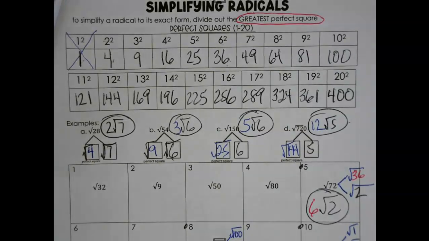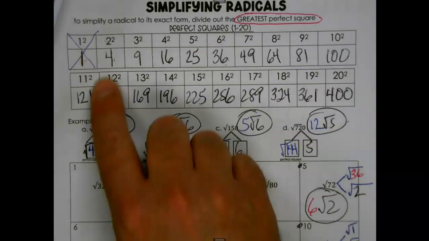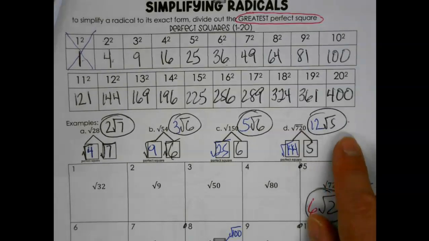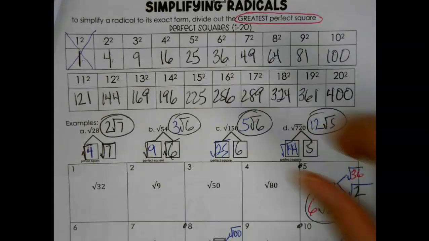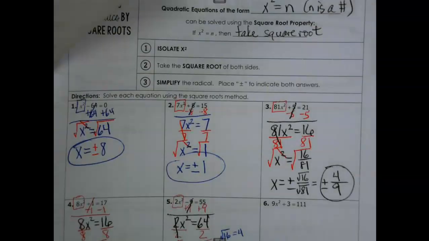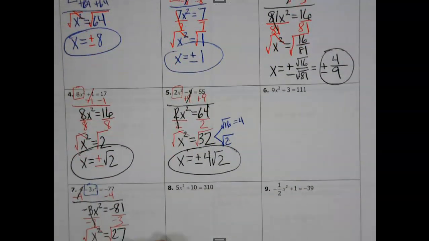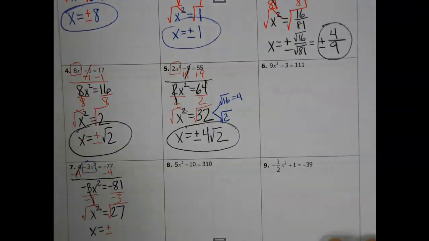When we get numbers that aren't perfect squares, we're looking for a number in this list that's going to divide into our number so we can break it down more. So like here, we've got 27.